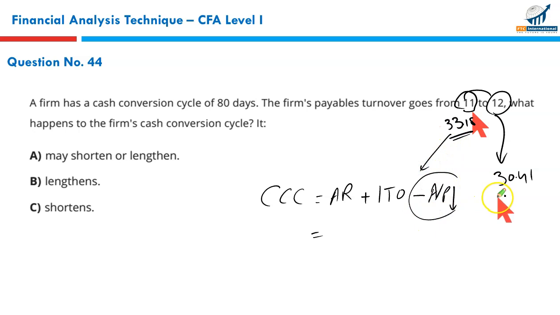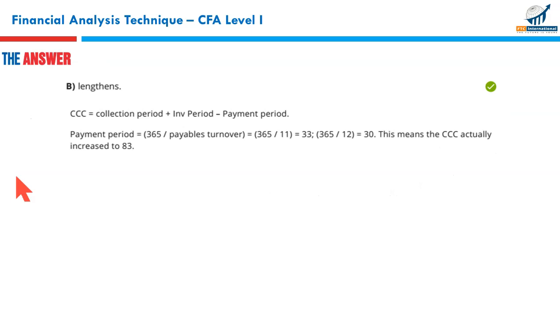First it was 33, now it's 30. If it has fallen, you are deducting a smaller number. Resultantly, the whole cash conversion cycle will lengthen, right? So it's right to convert them into days, and then you can give your conclusions or assumptions. So that is the right answer. Your cash conversion cycle lengthens, so that makes B to be the correct option.